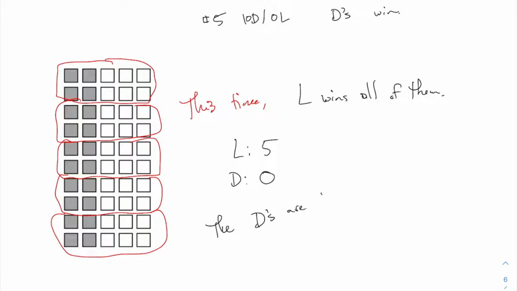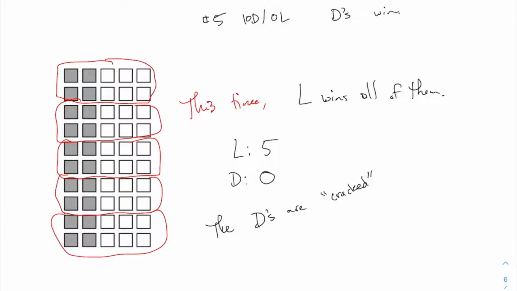The lingo that people use here. I think I've said this word once already. Cracked. There is actually enough D's in there for them to win a district, but their representation has been cracked up into little pieces where just a little piece of them goes in each district, and the effect is they can never win any of them. This is called cracking.